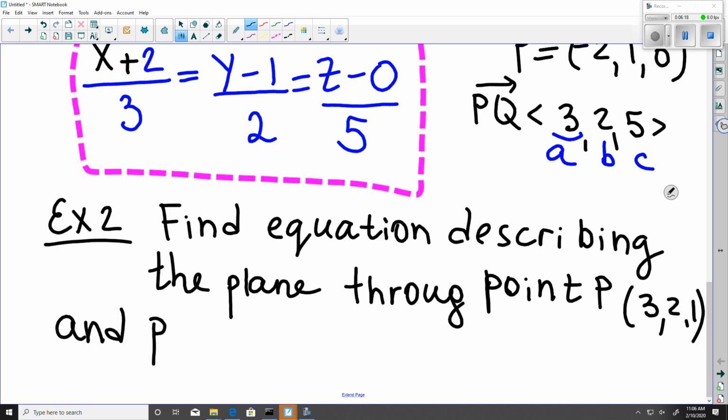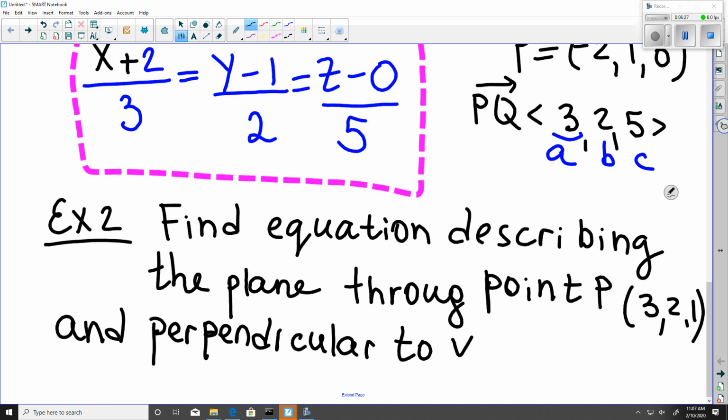And perpendicular to the vector 5, 2, minus 1. Find equation describing the plane through point P, which belongs to the plane 3, 2, 1, and perpendicular to vector V 5, 2, minus 1.